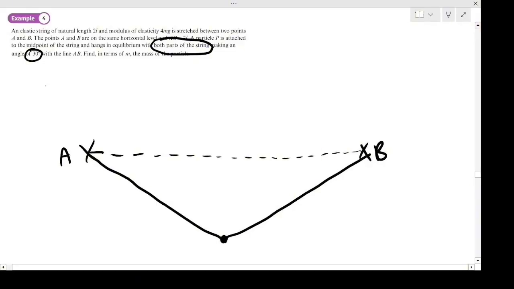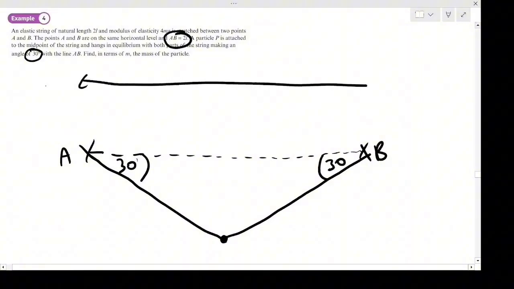And the angle it makes with the line AB either side is 30, okay? So that's the setup here. Again, like a slingshot. I'm going to add my lengths in because I know that AB is 2L. That might help. There we are.